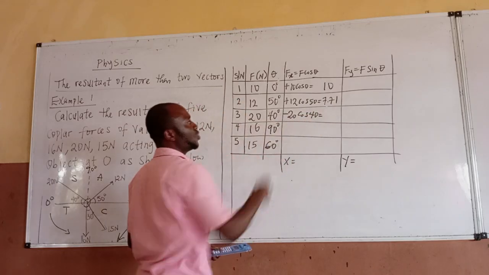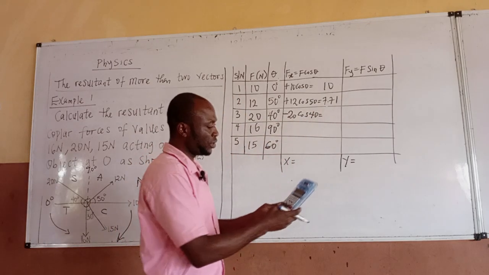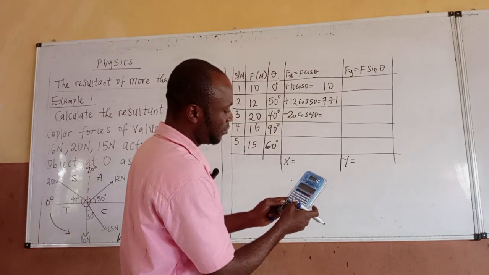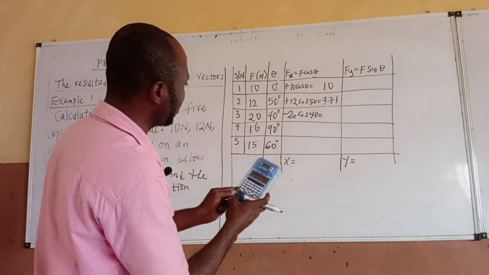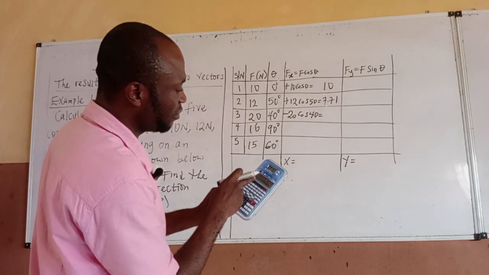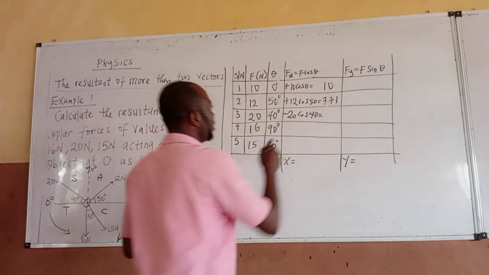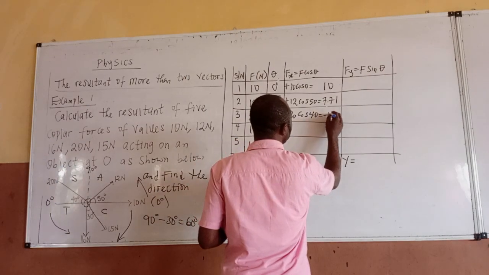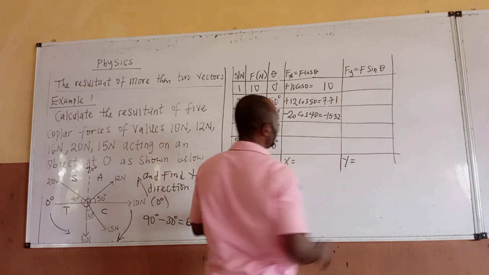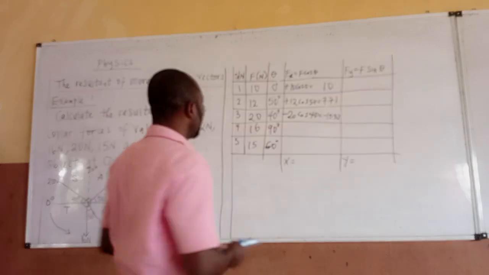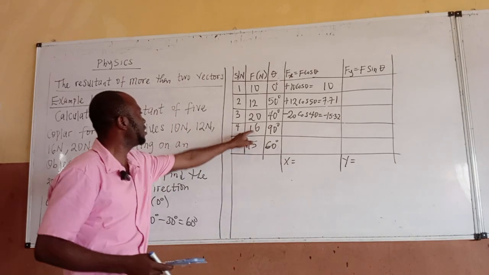You now punch minus 20 times cos 40, and it gives you minus 15.32. So just write minus 15.32.